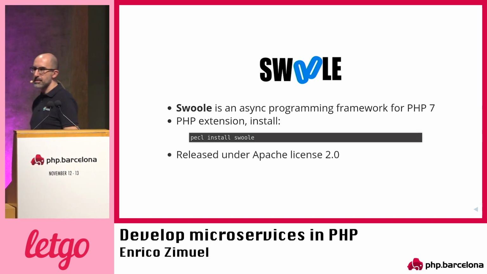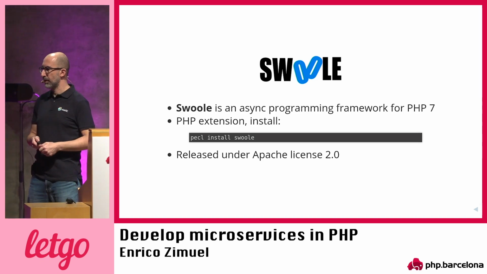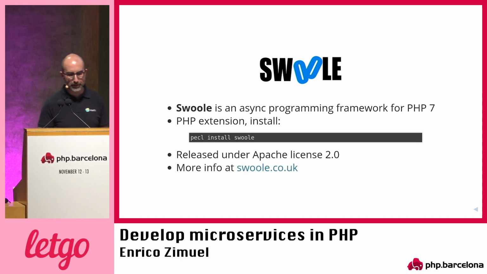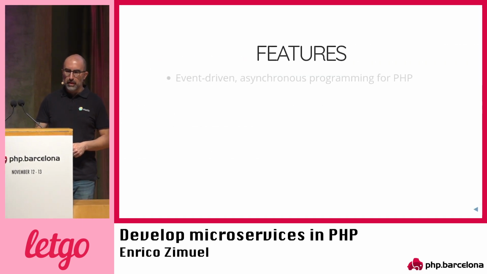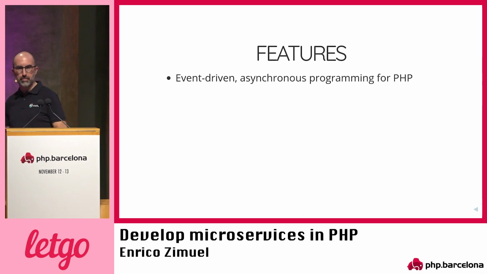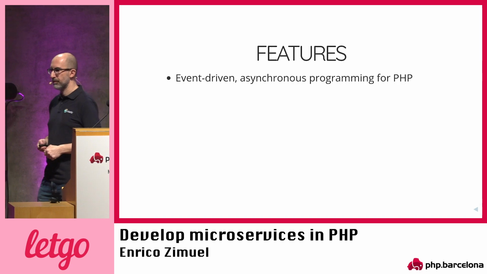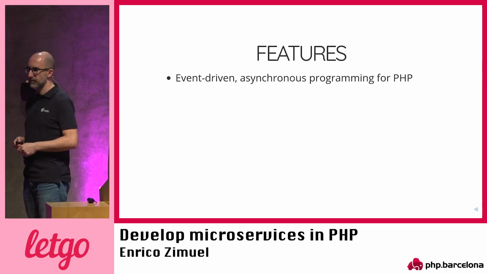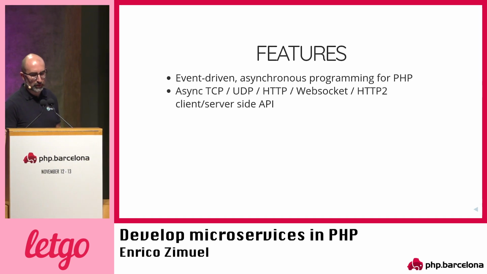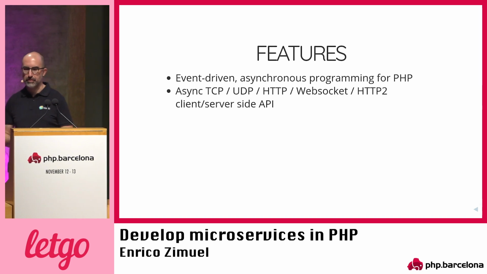It's Apache license, so you can use it even for commercial products. If you're more interested, this is the website of the framework. The feature gives you basically event-driven asynchronous programming for PHP. You can do asynchronous stuff in PHP, as you do in Node.js, the same way. It provides a lot of protocols for managing TCP, UDP, HTTP, WebSocket, HTTP2.